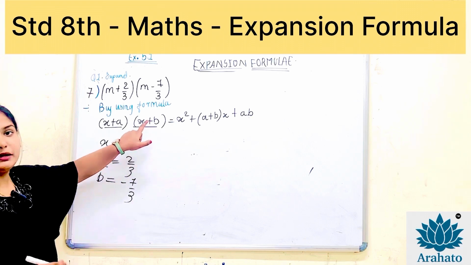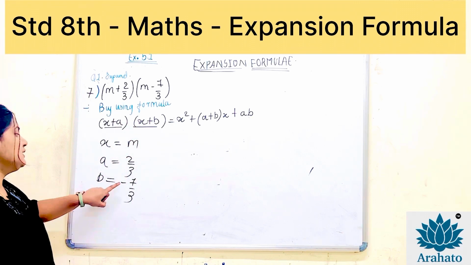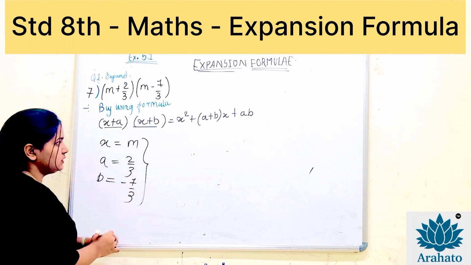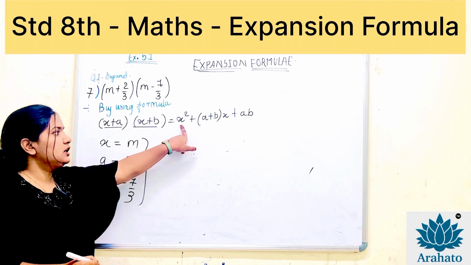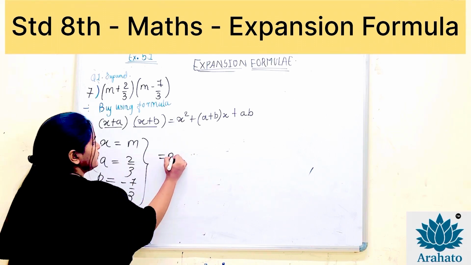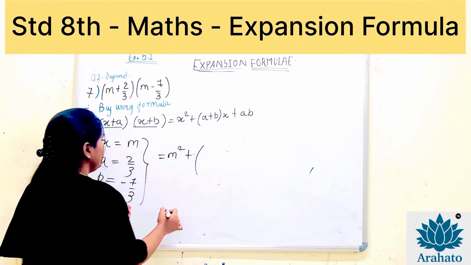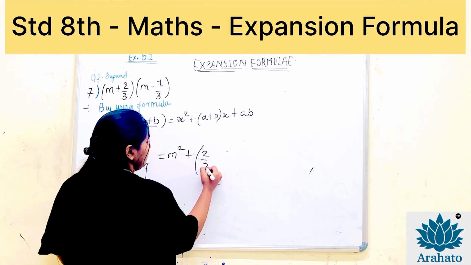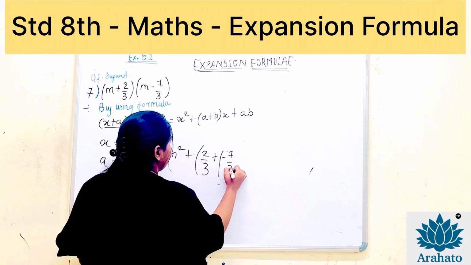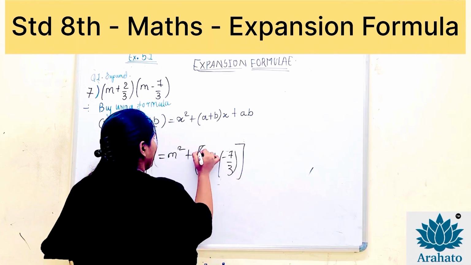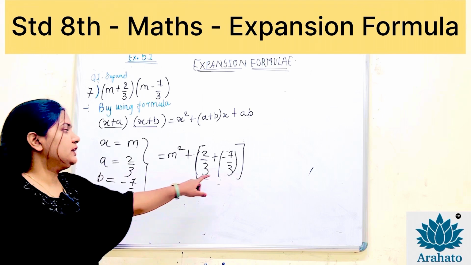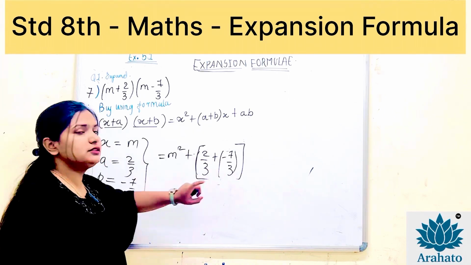So now put these values into this formula. x square, what is x? m square, plus what is a? 2 by 3, plus what is b? minus 7 by 3, in square brackets, and the plus sign as it is will come down.